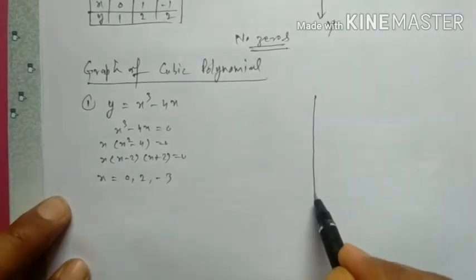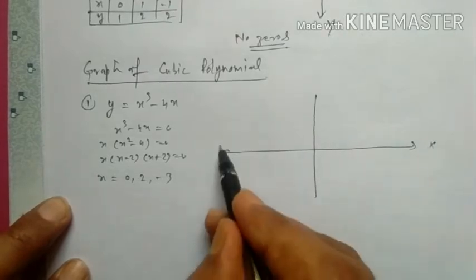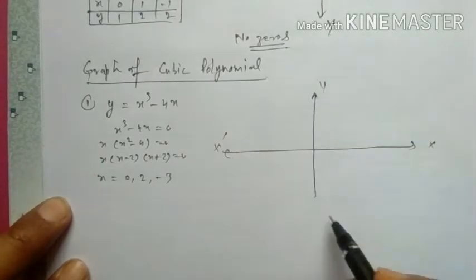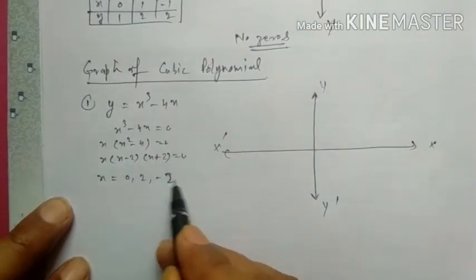So when we draw its graph, this is x dash, this is y dash. This is minus 2.